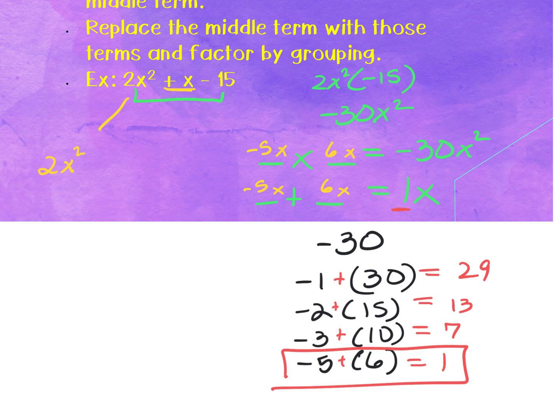I'm replacing the middle with the two factors I just found, so negative 5x plus 6x, and then rewrite the negative 15. So all I've done is replace this x with the two factors I just found.